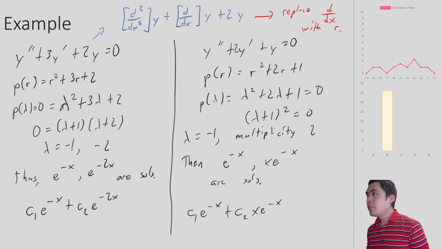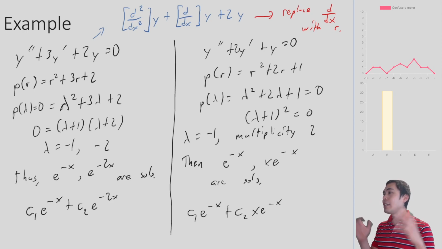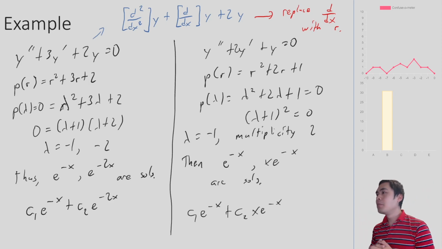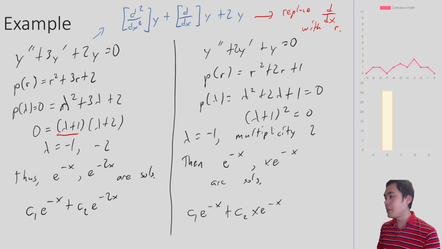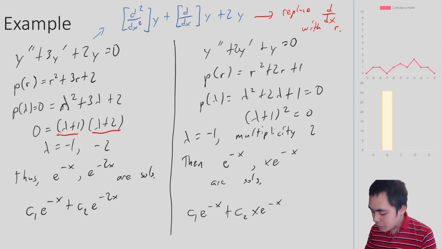So what does multiplicity 2 mean? Multiplicity 2 means that when you factor out your polynomial, each of the various factors contributes a 0, right? Here we factored, so this contributes lambda is equal to -1. This contributes lambda is equal to -2, right? But here, let me rewrite this actually.